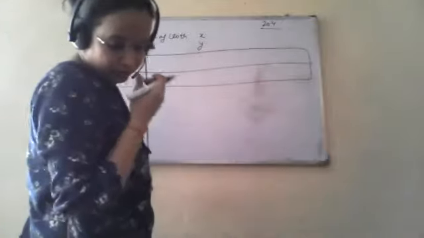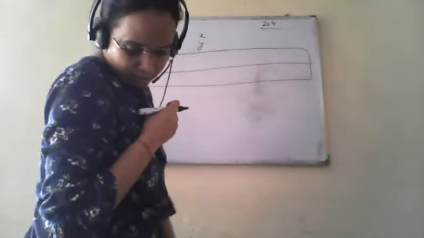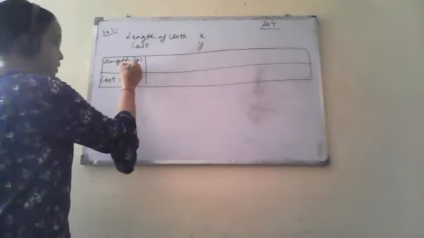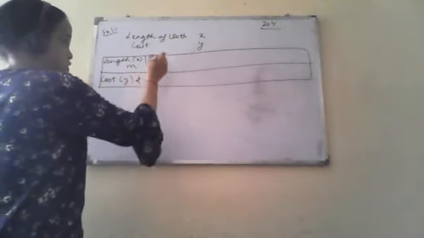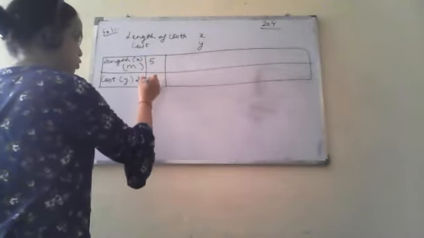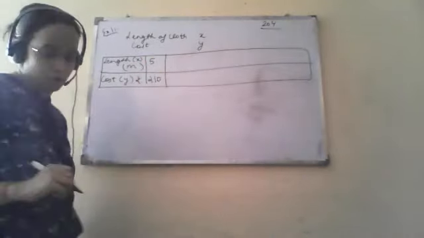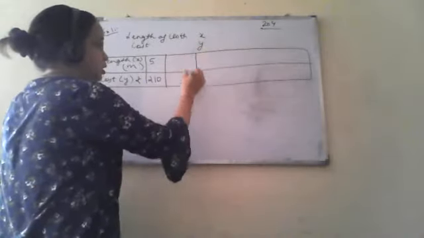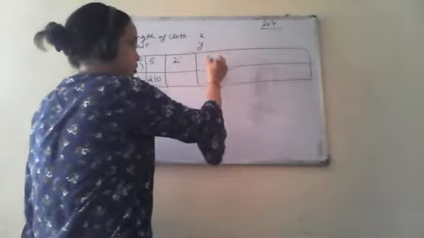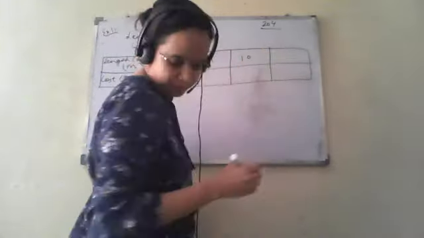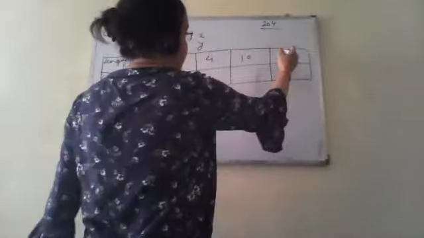Now one value of 5 meter cloth is given, that is length is in meter and cost is in rupees. So 5 meters of cloth cost rupees 210, and we have to calculate the cost of 2 meters, 4 meters, 10 meters and 15 meters.